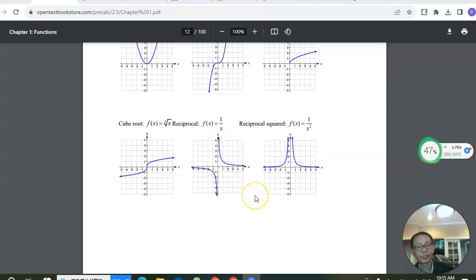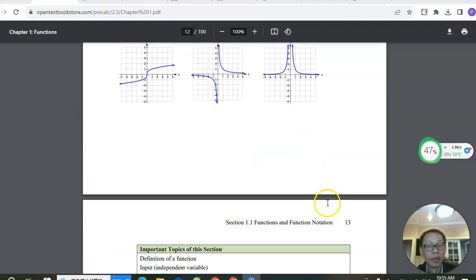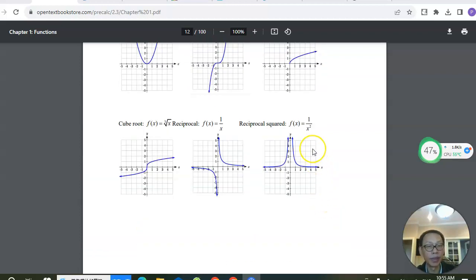Okay? Now let's look at the last function, f of x equals 1 over x squared. Okay? So 1 over x squared, because x is squared, that means your y is 1 over x squared. That means y cannot be negative, so it's always positive. And x is in the denominator, so it cannot be 0. Okay?